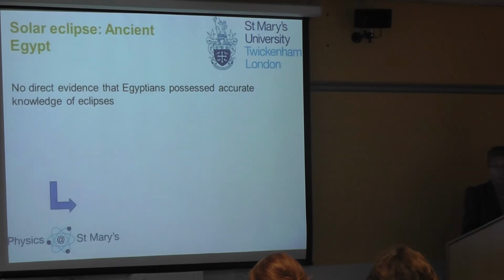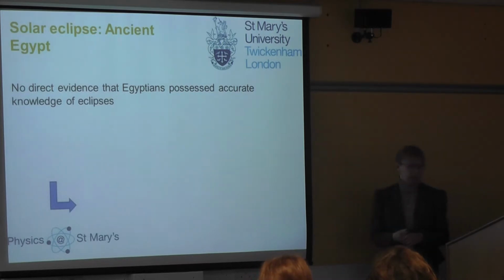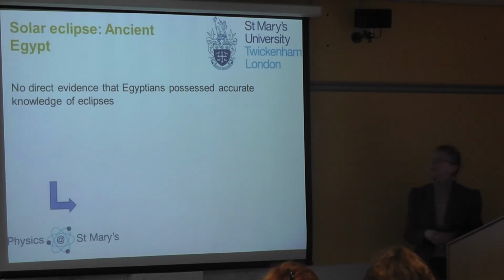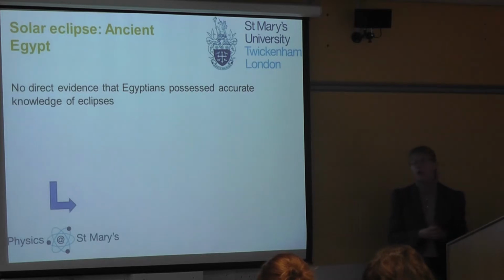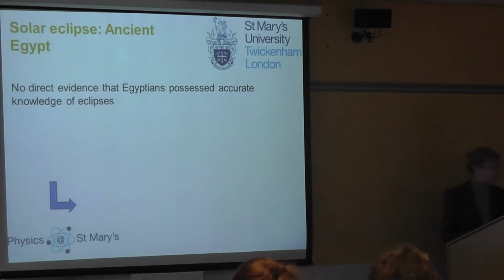Now, in ancient Egypt, the Egyptians were also pretty good at predicting solar eclipses. The problem is we do not have any direct evidence of that, or we couldn't find it so far. But we have plenty of evidence from other people.